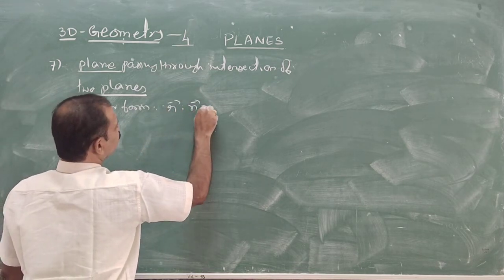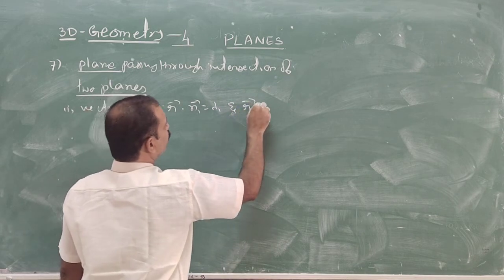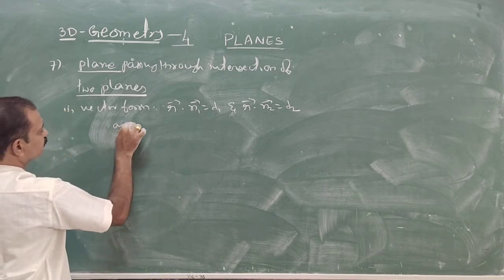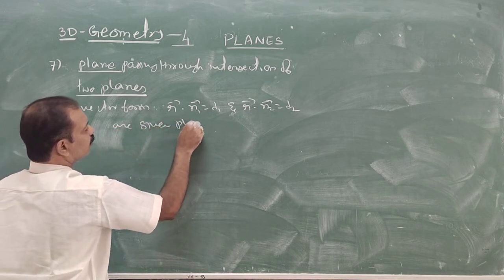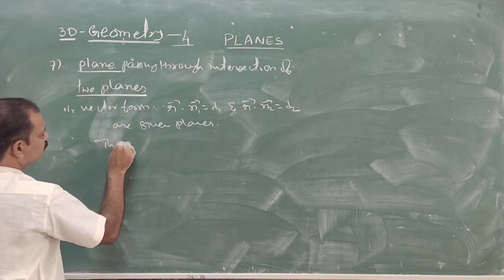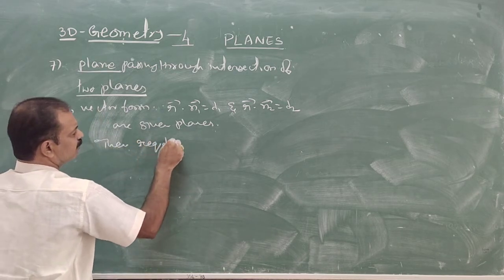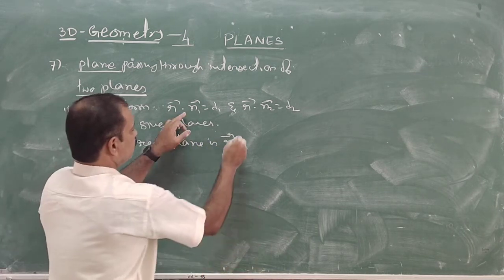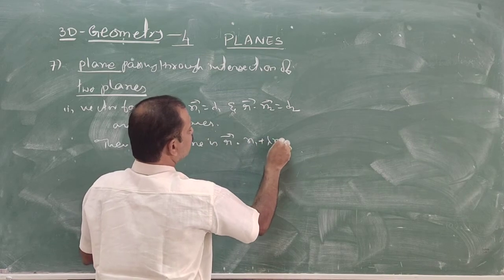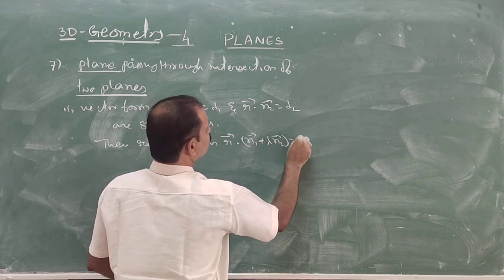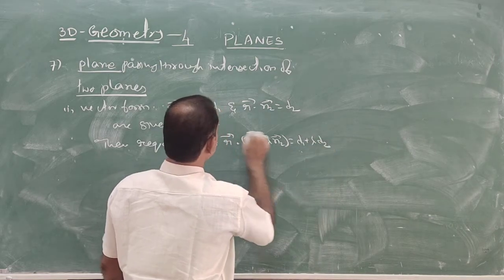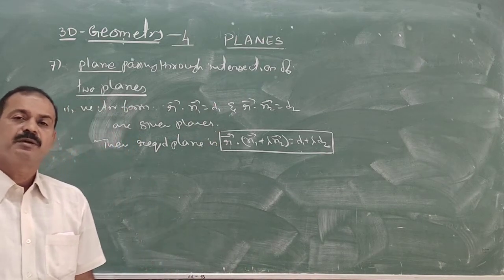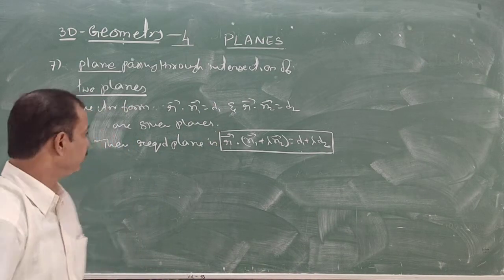R dot n1 is equal to d1 and R dot n2 is equal to d2 are the given planes. Then the required plane is R dot (n1 plus lambda n2) is equal to d1 plus lambda d2. That means you are joining both the equations by using a scalar multiple.